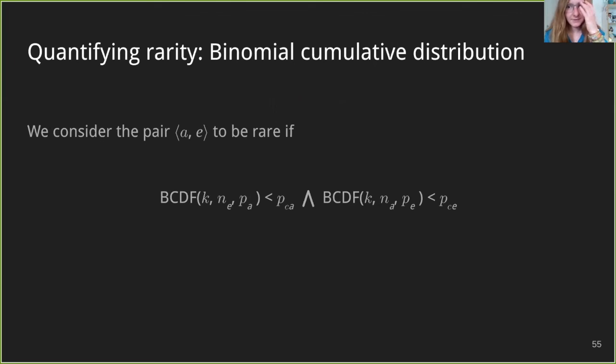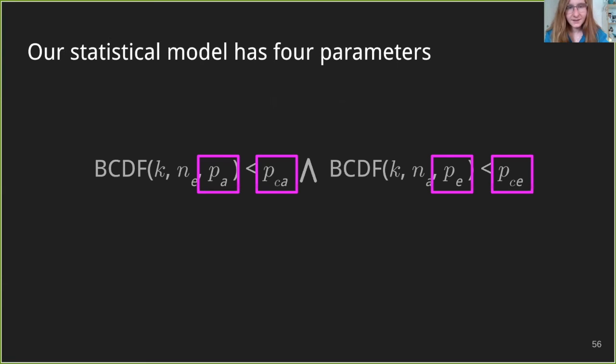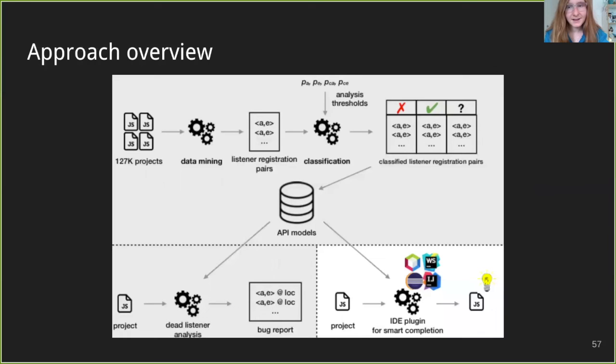We talked about how the event has to be rare for the access path, and the access path has to be rare for the event, for something to be considered rare. So we just do the exact same computation for both, and if they're both true, then we would consider the pair itself to be rare. Our statistical model has 4 parameters, the 2 rarity thresholds and the 2 confidence thresholds, and we don't know what they are.